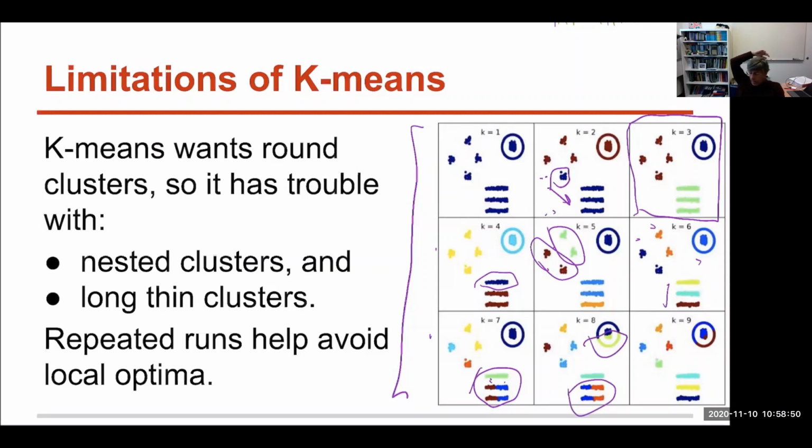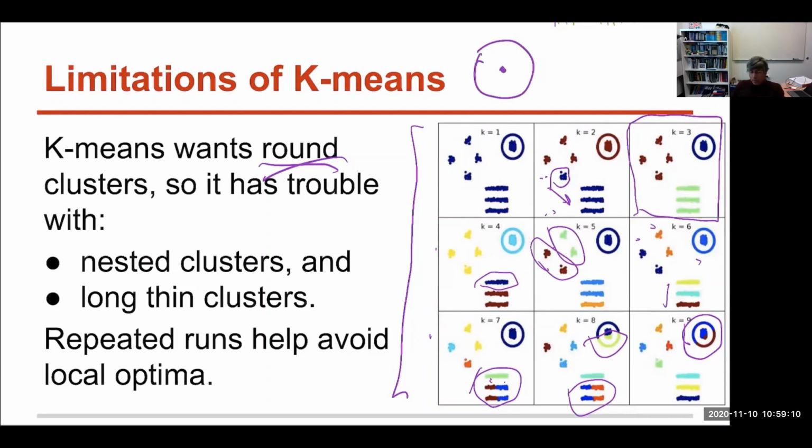By the time I get to k equals 9, it does a generally good job with the exception of up here. Because k-means wants to find round clusters, it has trouble with nested clusters.